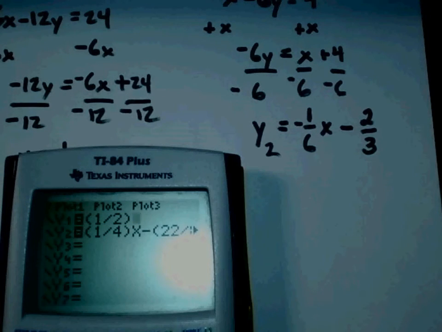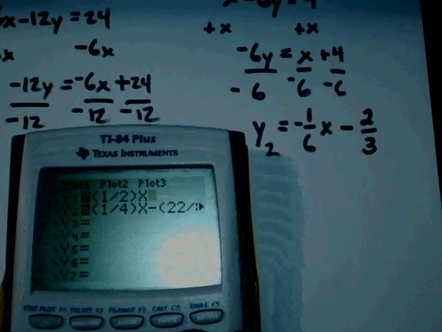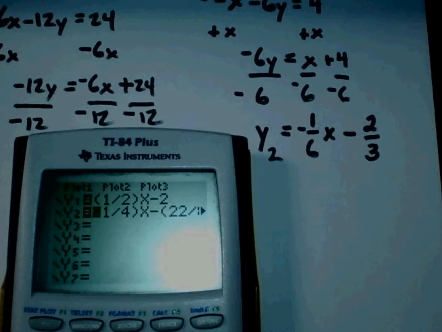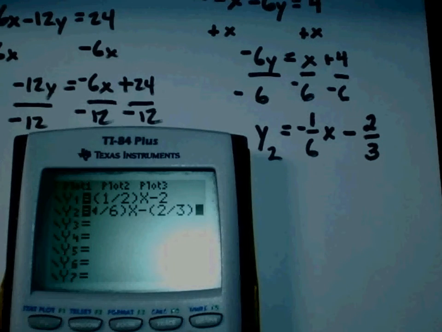Parentheses, 1 divided by 2, close parentheses, x minus 2 is the first one. The next one is going to be the one that requires a lot of parentheses. So negative 1, open parentheses, negative, open parentheses, 1 divided by 6, close parentheses, x minus, open parentheses, 2 divided by 3, close parentheses.